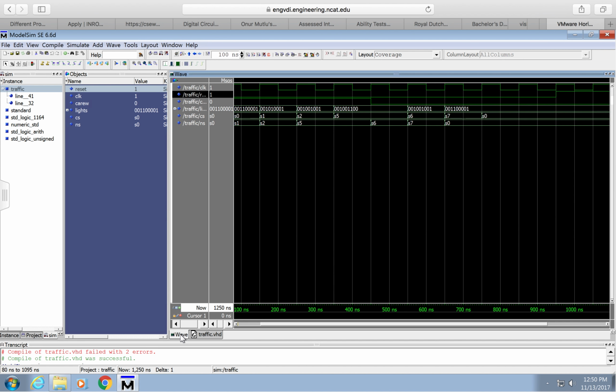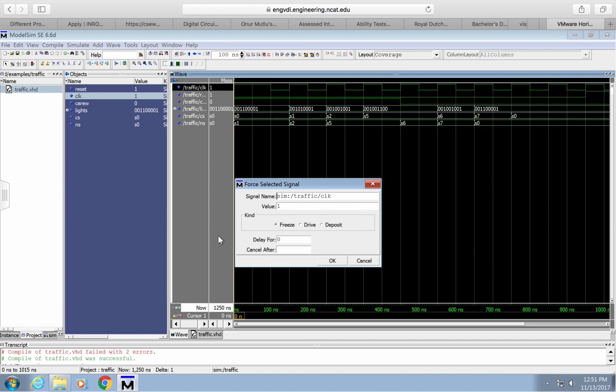Then I simulated to get my waveform, which ultimately brought me here. Then to force my inputs, I right click over here on clock, use the force button, and enter a value of either a 1 or a 0 for my clock, which in this case is a 1 because we want it on the rising edge.